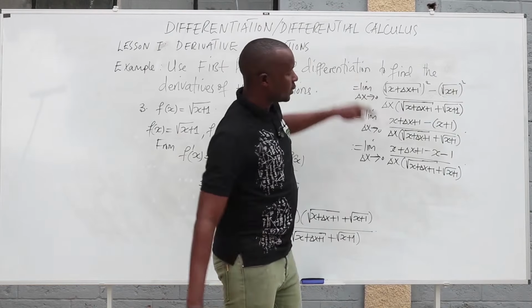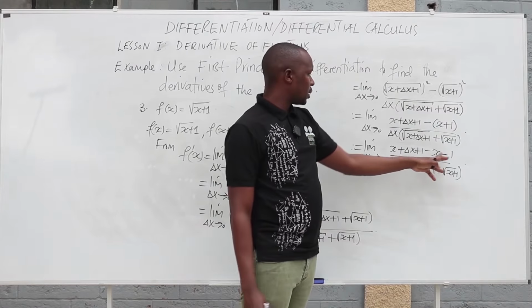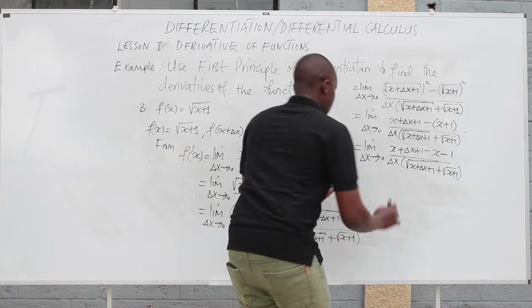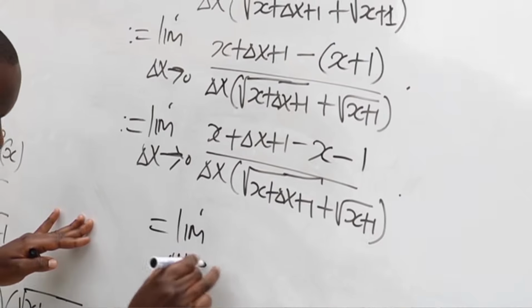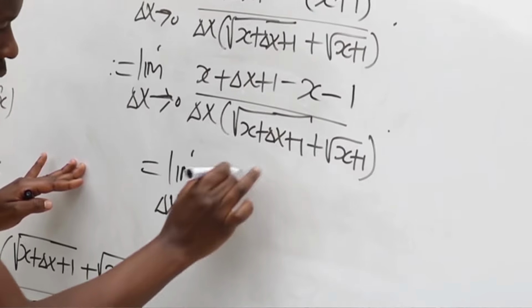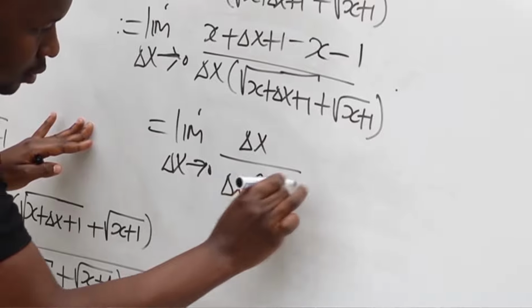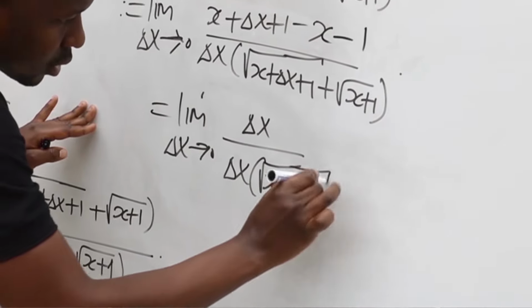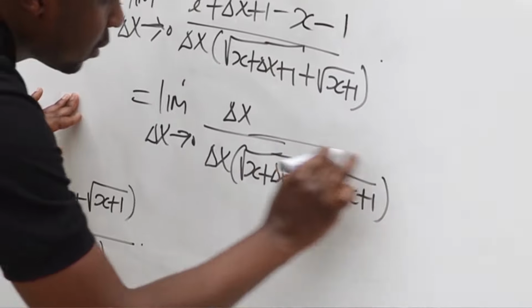From here, operating the like terms, x minus x cancels out, 1 minus 1 cancels out. So here we remain with the change in x. Now it becomes change in x over change in x times the radical of x plus change in x plus 1, plus the radical of x plus 1.